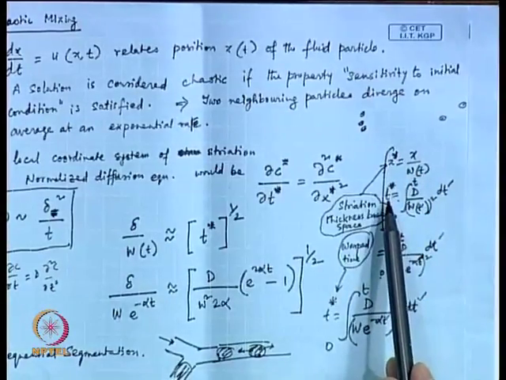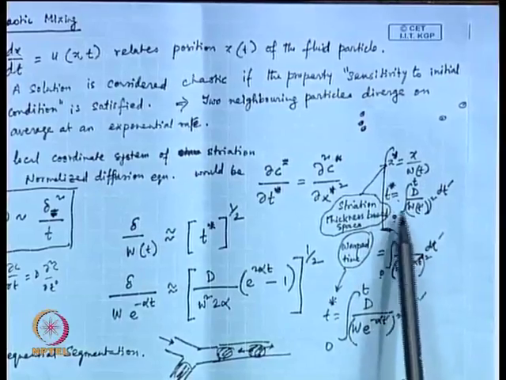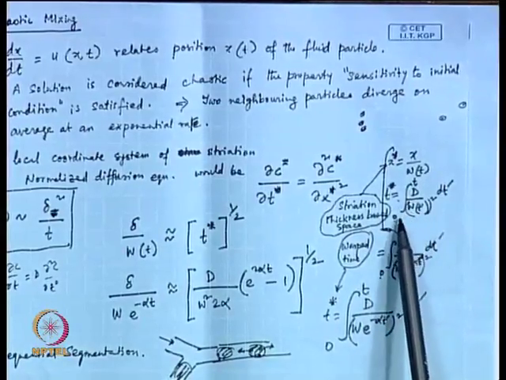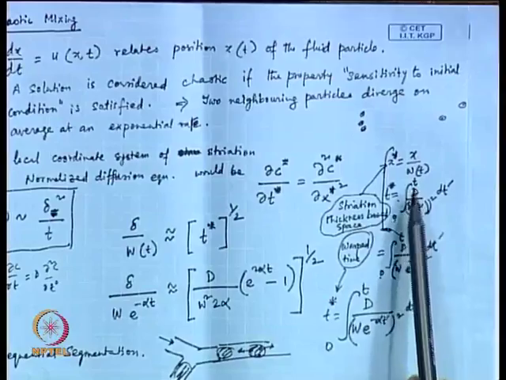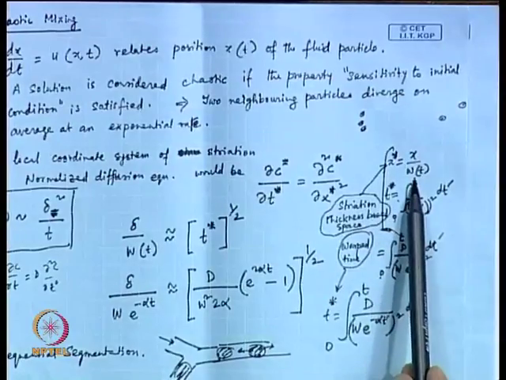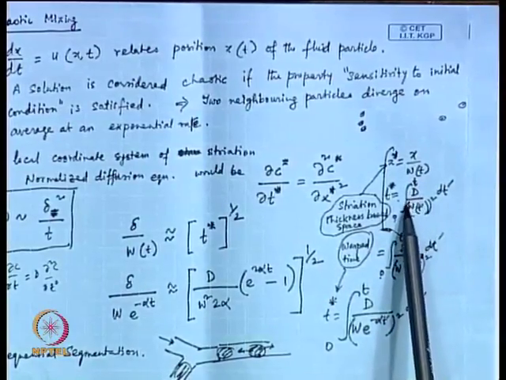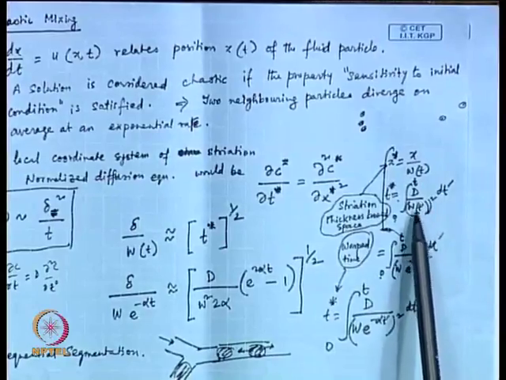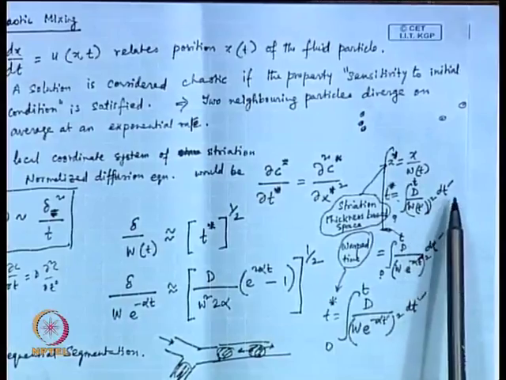The other thing is we are making t dimensionless, and look at how it is done. Here you are integrating between 0 to t, and inside the integral we have D divided by W(t prime) whole square dt prime.